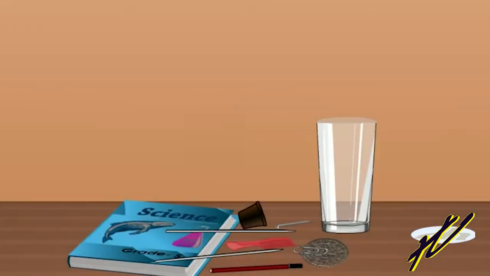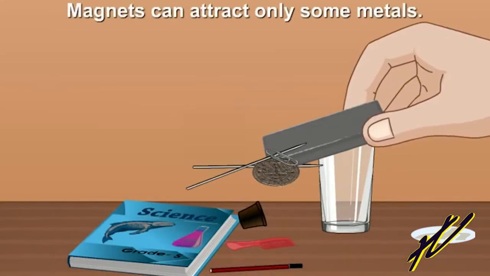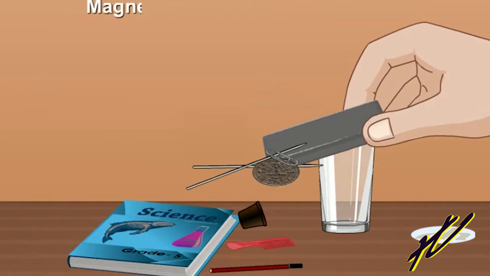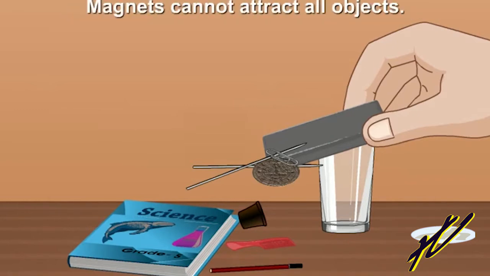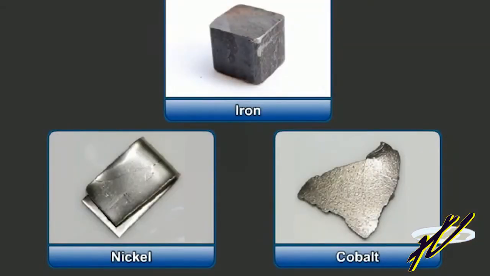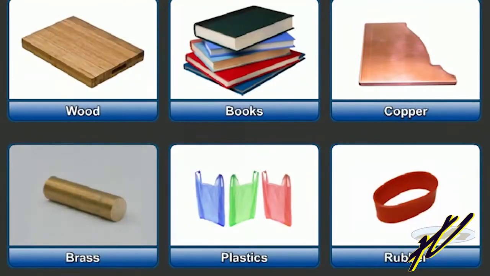Number 1. Magnets can attract only some metals. Students, magnets cannot attract all objects. Magnets attract only some metals like iron, nickel, and cobalt. Magnets do not attract other metals.